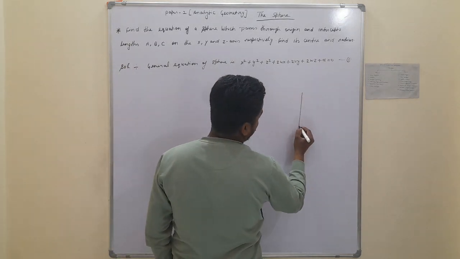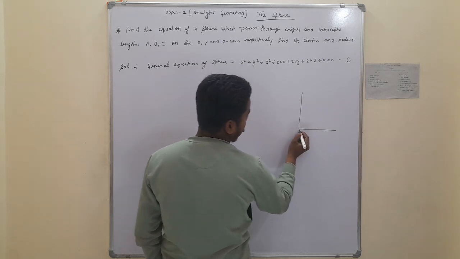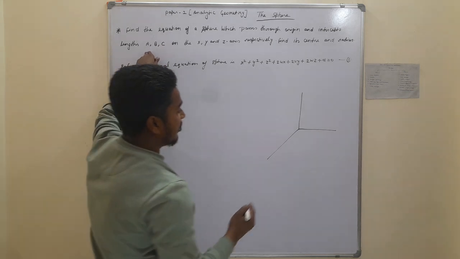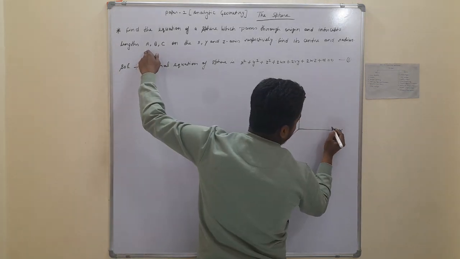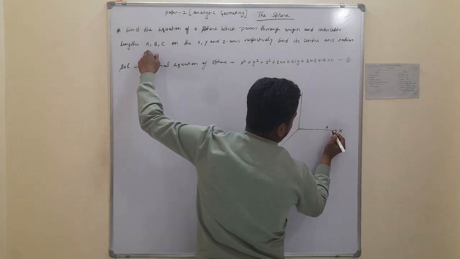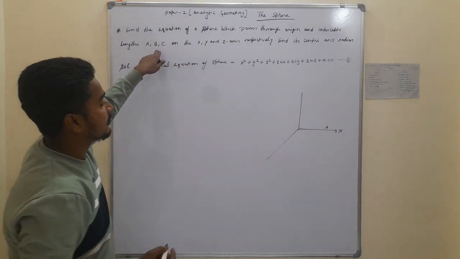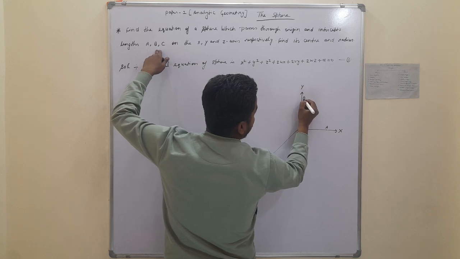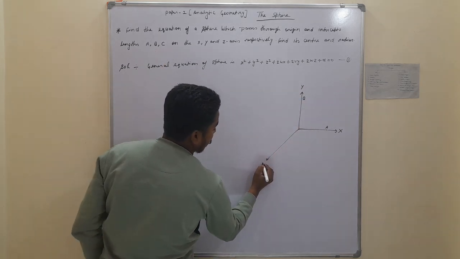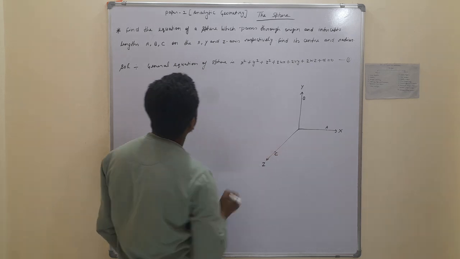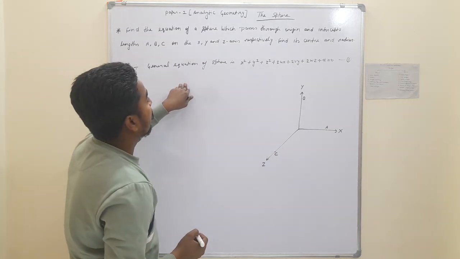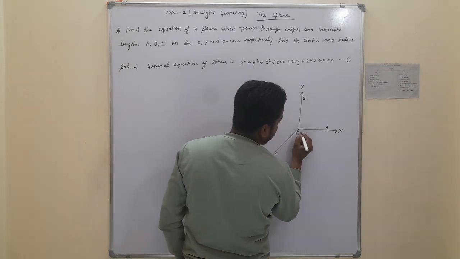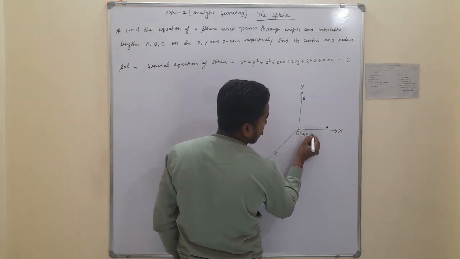Here this is the y-axis, this is the x-axis and this is the z-axis. The sphere intercepts the x-axis at A, the y-axis at B, and the z-axis at C. It also passes through the origin, which is given by 0, 0, 0.